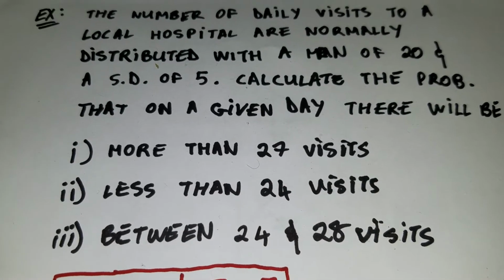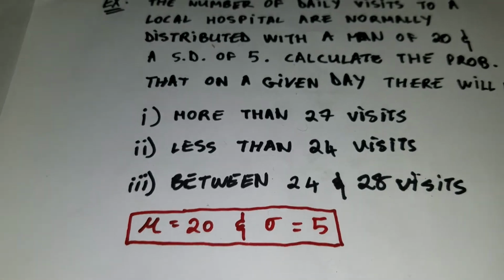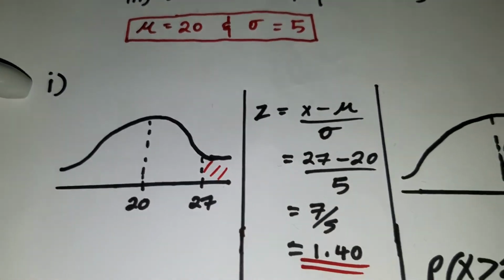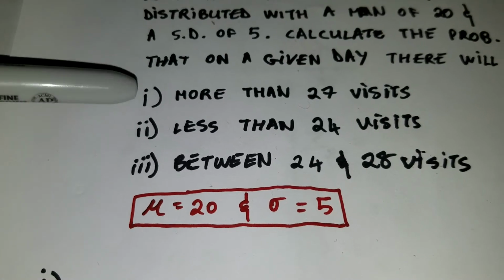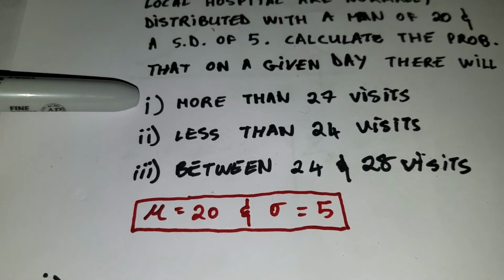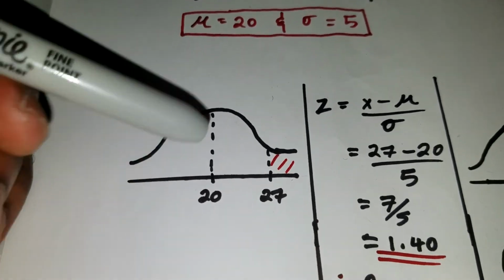As we can see, the mean is 20 and the standard deviation is 5. So for part 1 of the question, they want us to find the probability that we will have more than 27 visits. So 27 is the observation of interest.